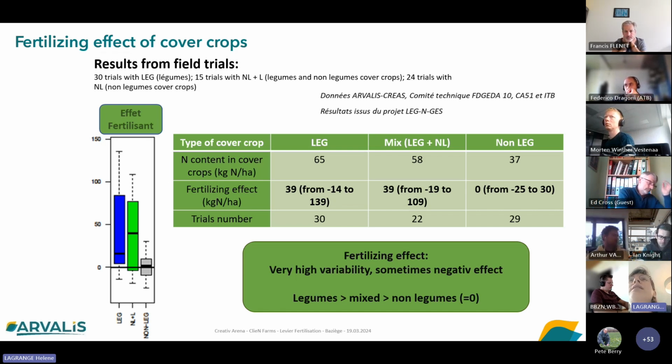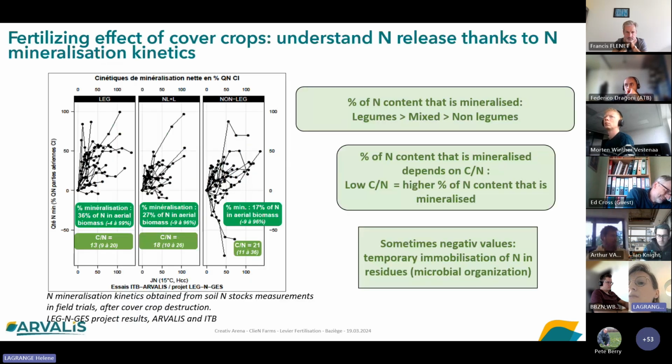So knowing that, the next question is when and how this nitrogen is available for the crop. So we made some other field trials. So you can see here on this figure many curves. These are nitrogen mineralization kinetics measured in the field.